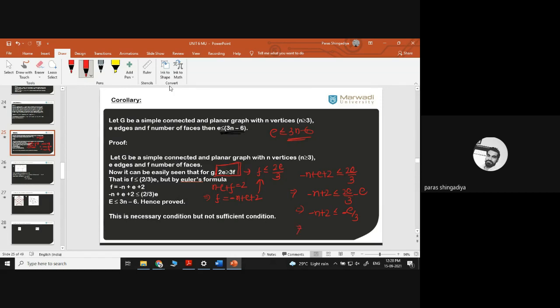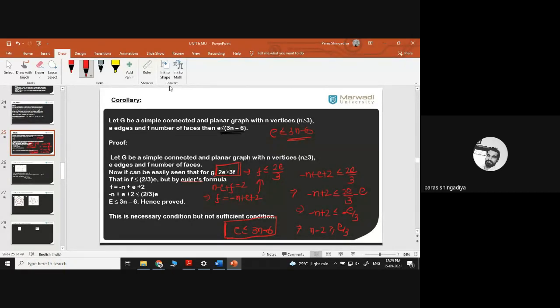And now apply a negative sign on both sides. So it is N minus 2 greater than or equal to E by 3. The inequality will be changed. And that is your required answer: E less than or equal to 3 multiplied by N minus 2, so E less than or equal to 3N minus 6. So that is the proof of this.